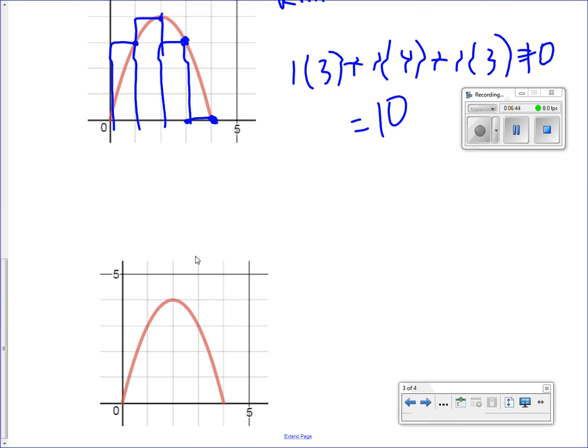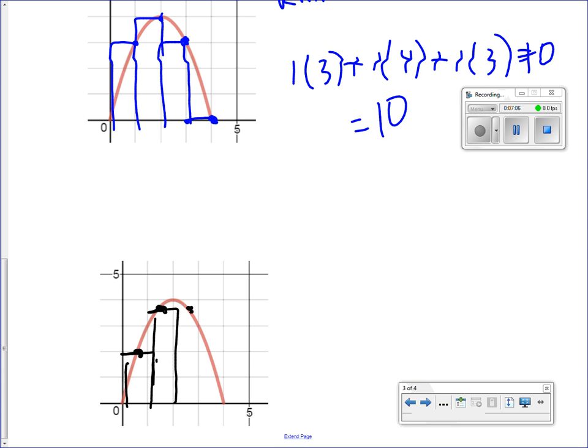Now what about MRAM? Let's see if that one gives us the same. So this time our 4 rectangles are going to be centered. So we're going to have the first rectangle right there. The second rectangle will be right there.